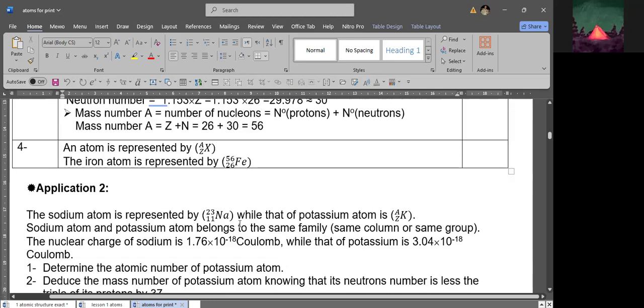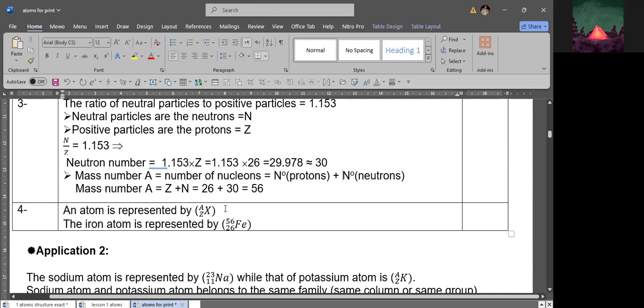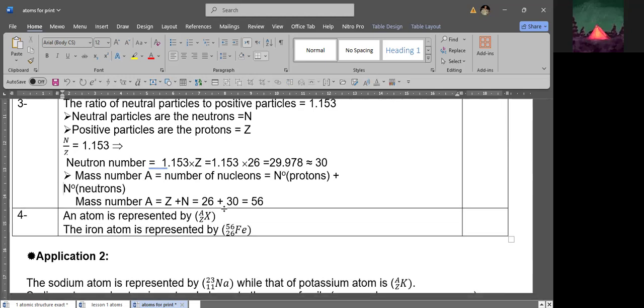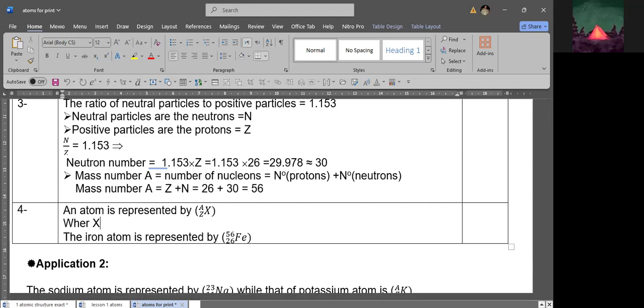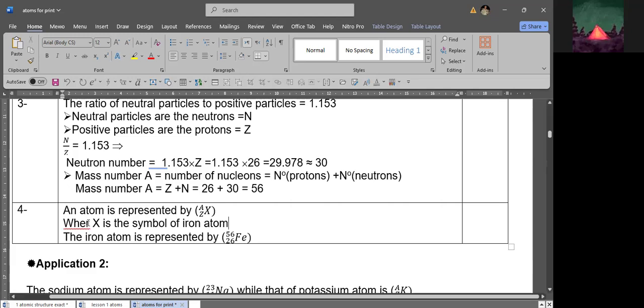The representation is A over Z X, where X is the symbol of the iron atom and Z is the atomic number, which we found above, and A is the mass number, which we also found above. So the atom representation is 56 over 26 Fe. We'll stop here for today.